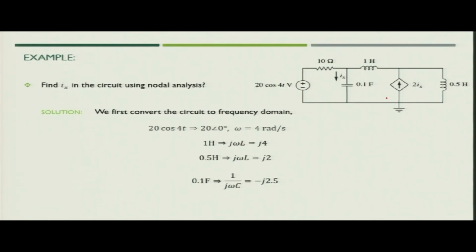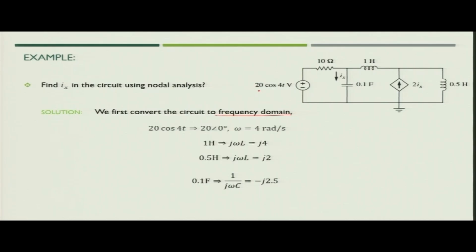So, the first task what we have to do is that we have to convert this particular circuit into frequency domain. That means, we will convert the sources into phasor and the elements which we see in the circuit will be converted into the frequency domain.